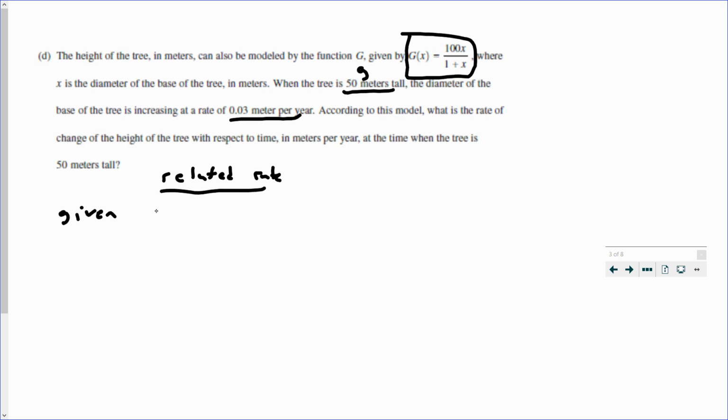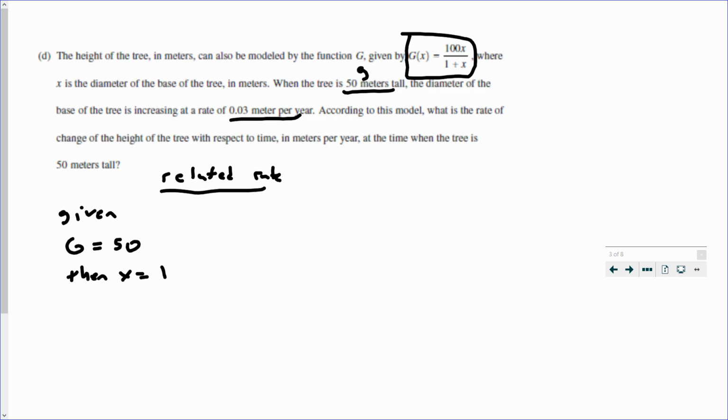We are given g of x is 50. G is 50. Now, if g is 50, what does x have to be? Well, if g is 50, then x has to be 1. You can just plug it in and solve for that.